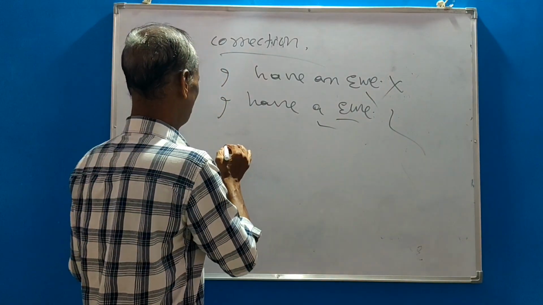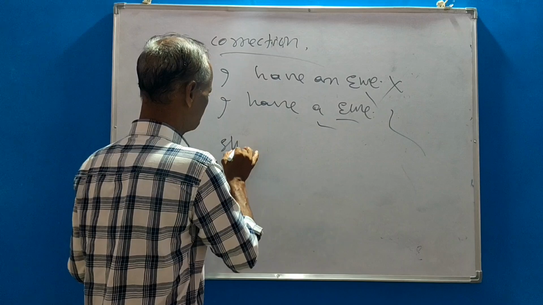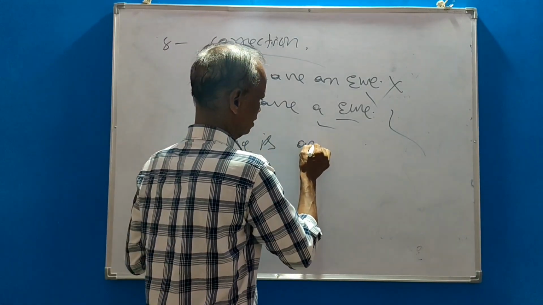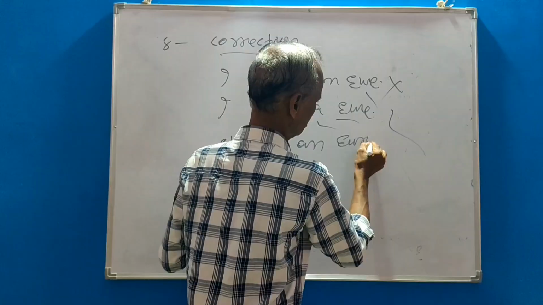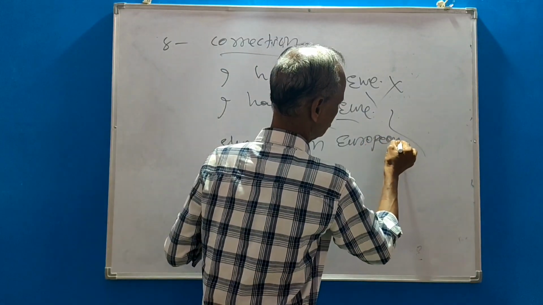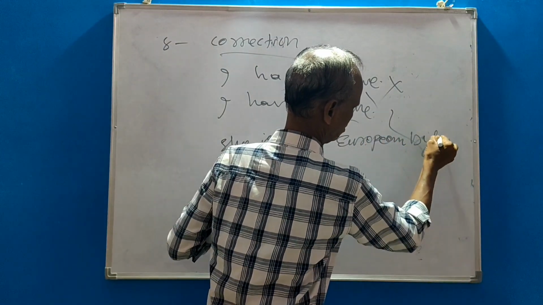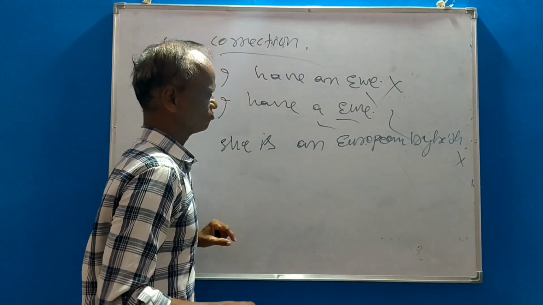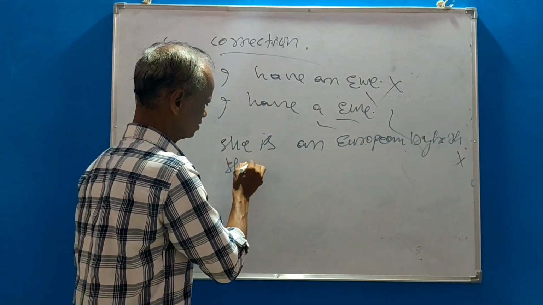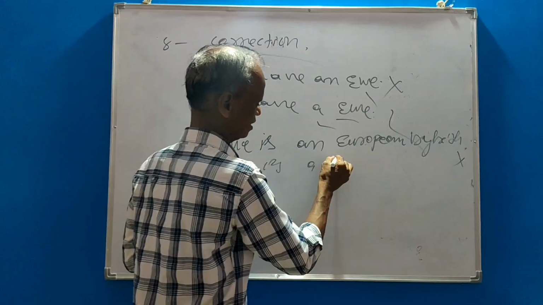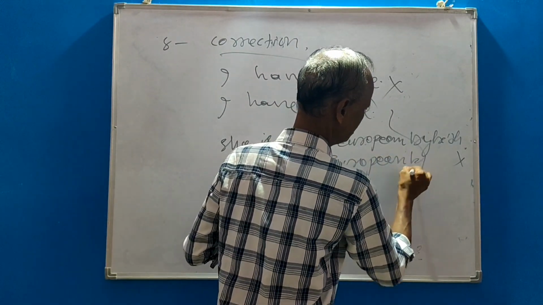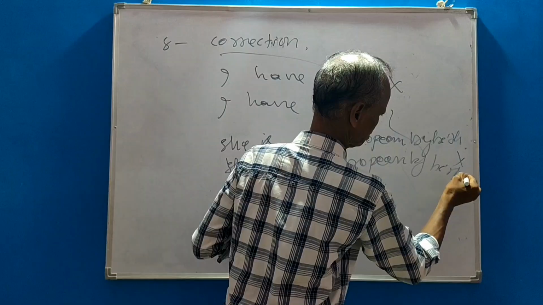For example, "She is an European by birth." It is wrong. "She is a European by birth."